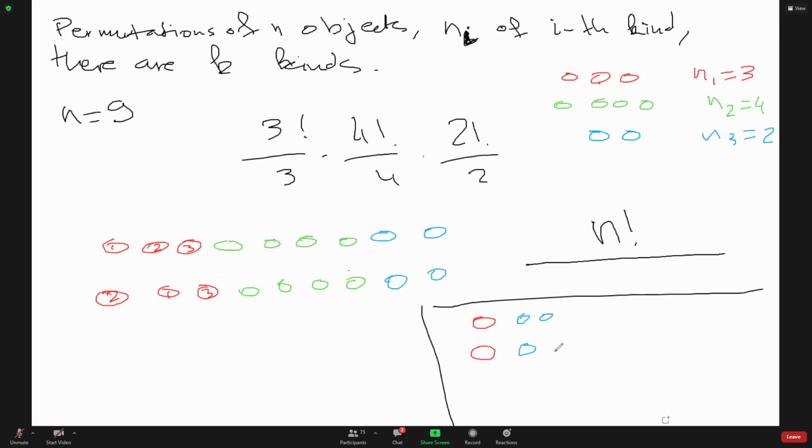I can also have this, because so this is 1, 2, 2, 1, 1, 1. Well, I mean, I don't need to write the red one, right? Then I can also have 1, 2, 2, 1, and I can also have this, right?